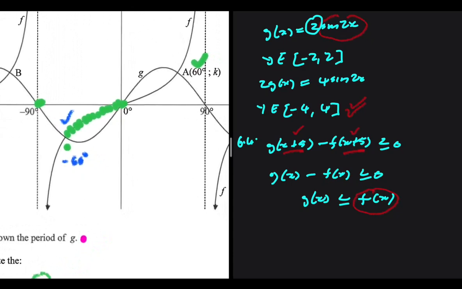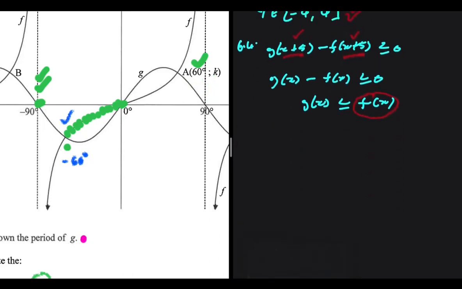From minus 90 to 90, g of x completes itself. From minus 90 to 90, f of x completes itself. So this point where they touch, let's call this point A prime. It is just a reflection of this point A. That is why if the x value at A was 60, the x value at the point where they touch will be minus 60.